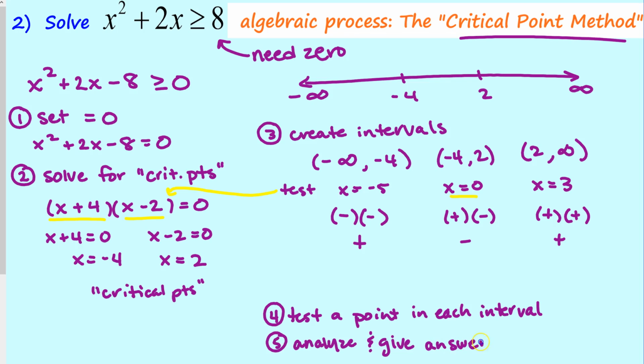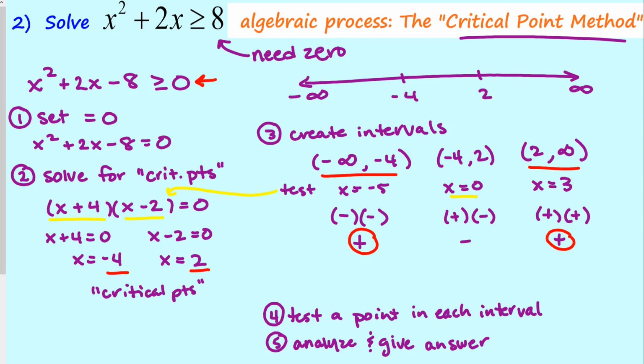So let's go back up a few steps to right here. We're figuring out where this thing is greater than or equal to 0. We know it's equal to 0 when x is -4 and when x is 2. And we've just figured out that it's greater than 0, positive, on this interval and on this interval.